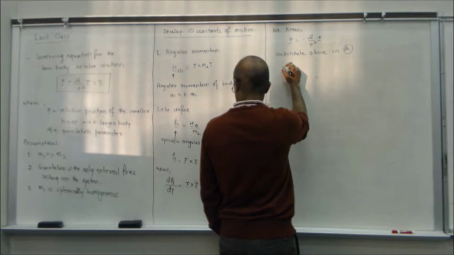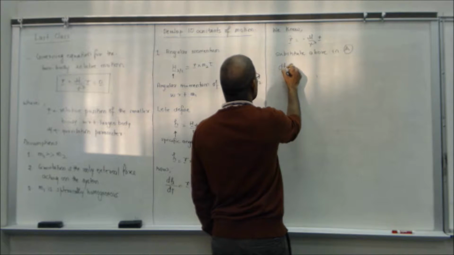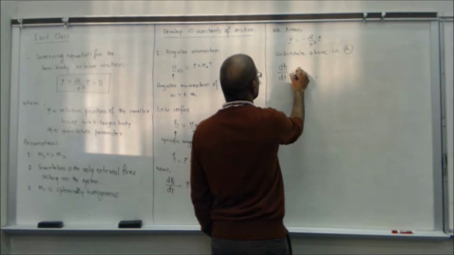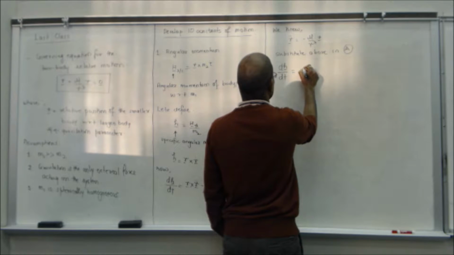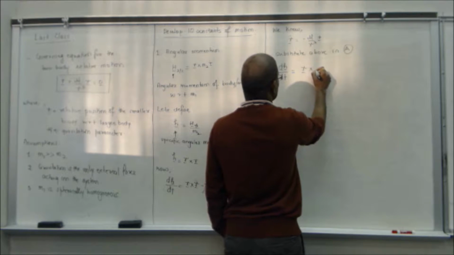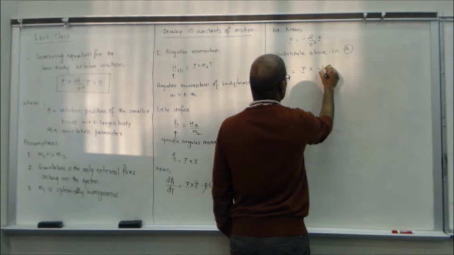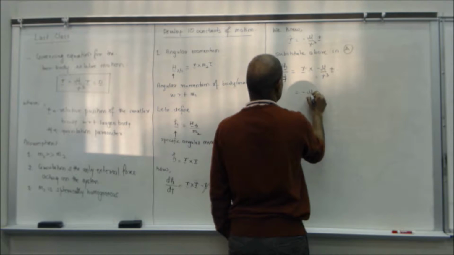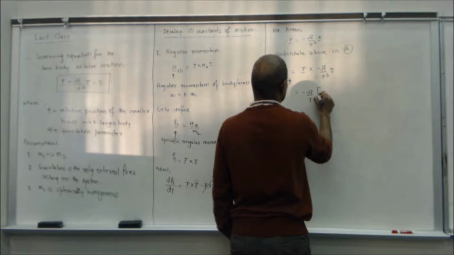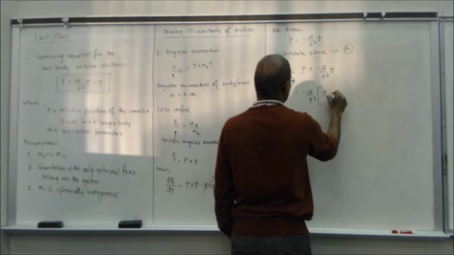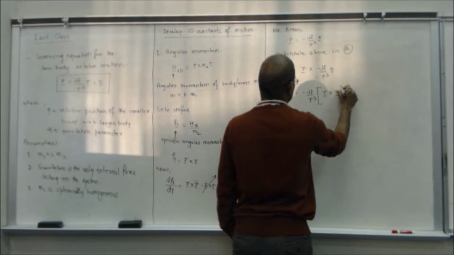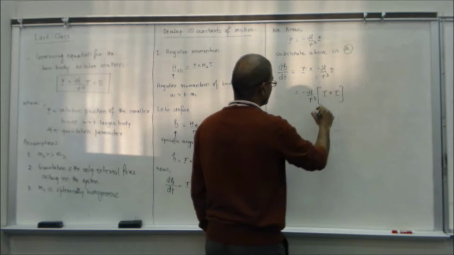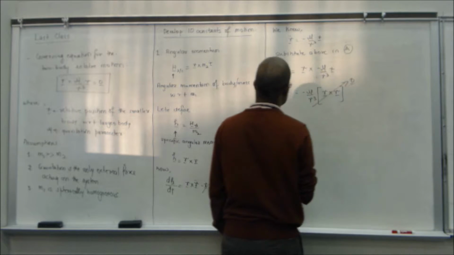So what you're going to get is dh over dt is equal to r crossed with minus mu over r cubed r. So this is minus mu over r cubed times r crossed with r, so this goes again to 0.